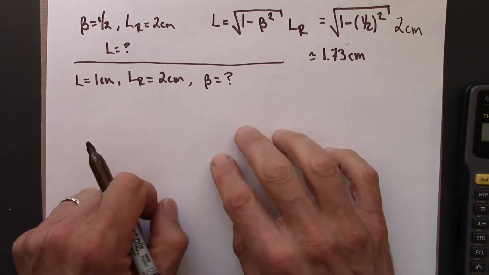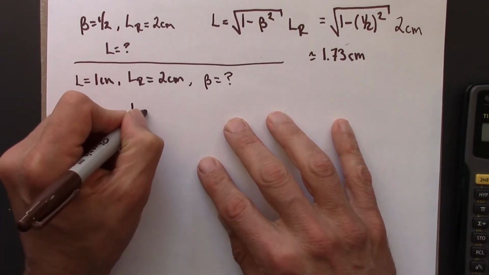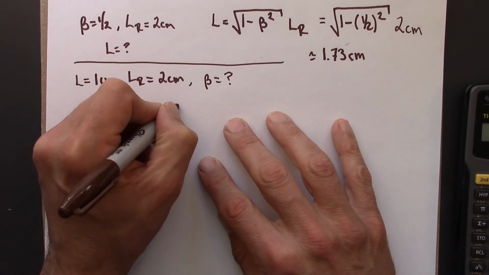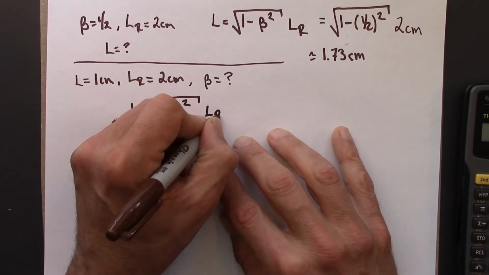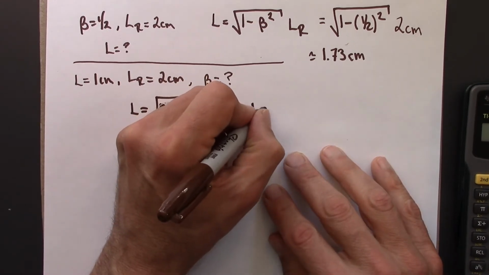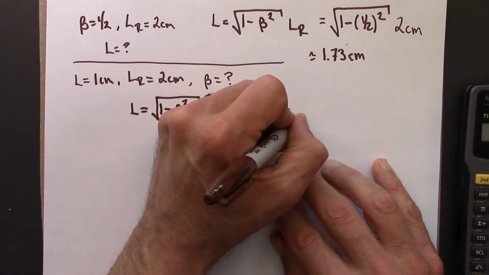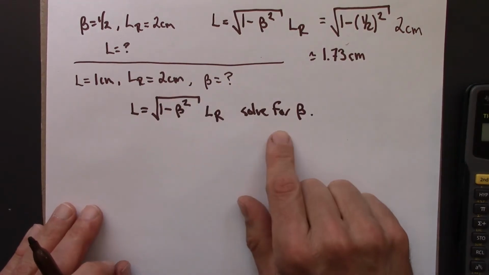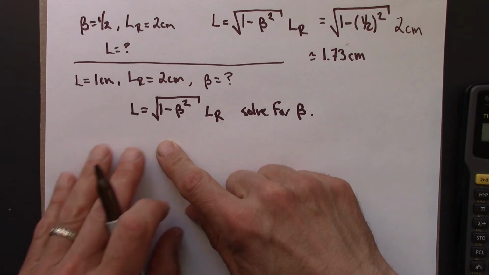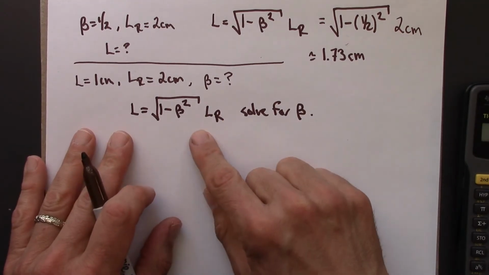So again, we'll start with the Lorentz contraction formula, and I want to solve for beta. That's the algebraic task at hand. It's going to take a couple steps, but nothing too crazy.